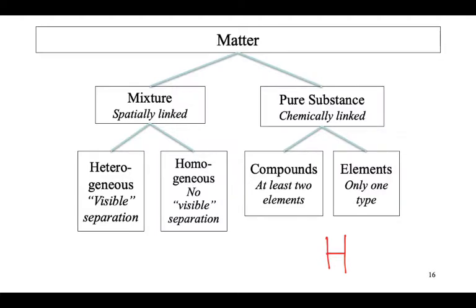Okay? So, element, one type all by itself. Compounds, 2 elements. Anybody know what oxygen gas is? Formula. Element or a compound? And we get a bunch of different answers again.